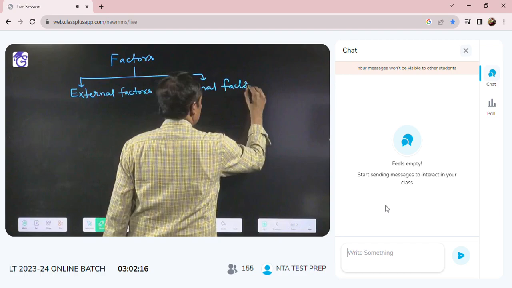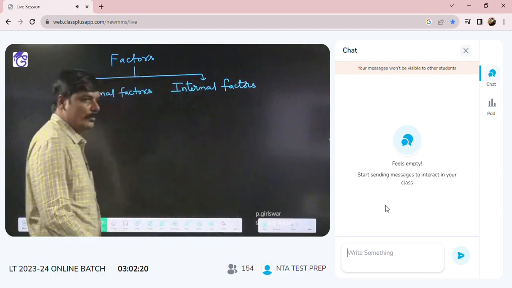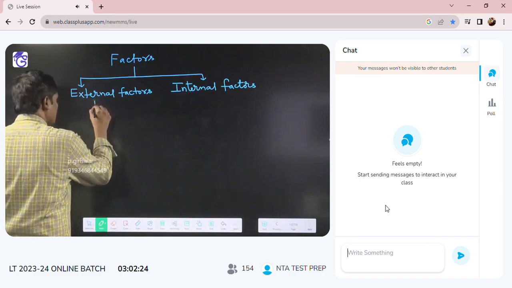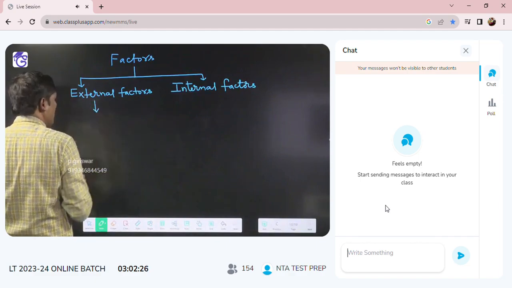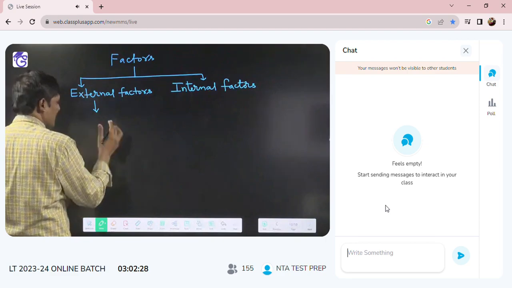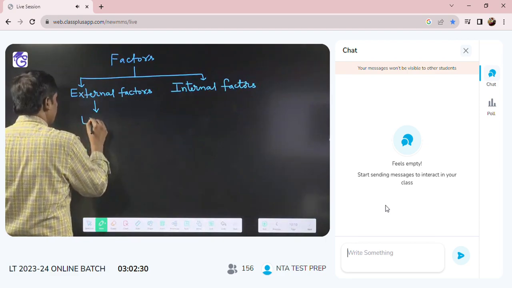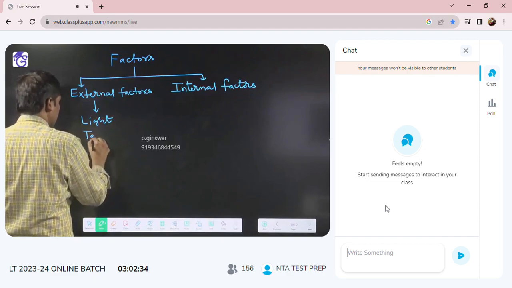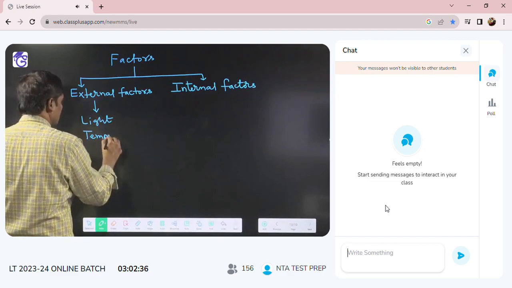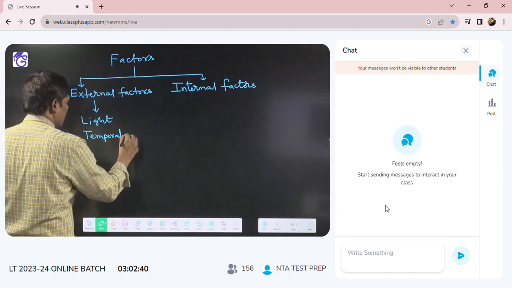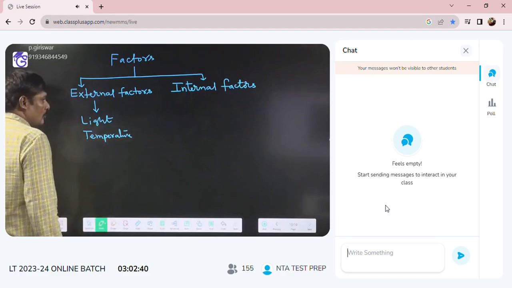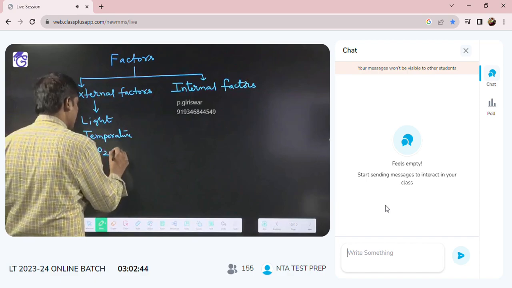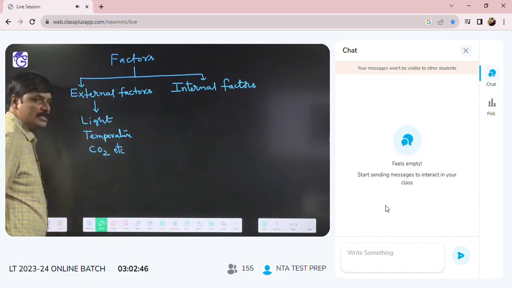Generally, the factors that influence growth processes in plants: the external factors are light, temperature, CO2, etc. All these are external factors.